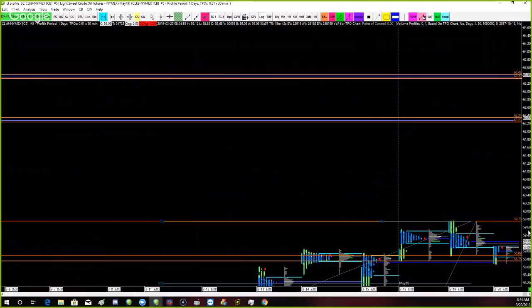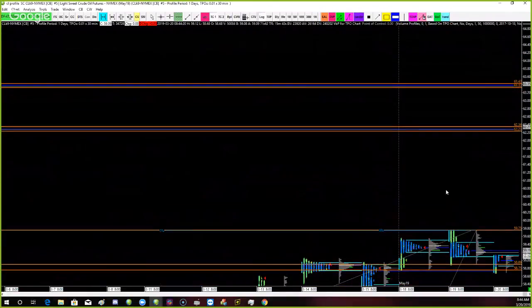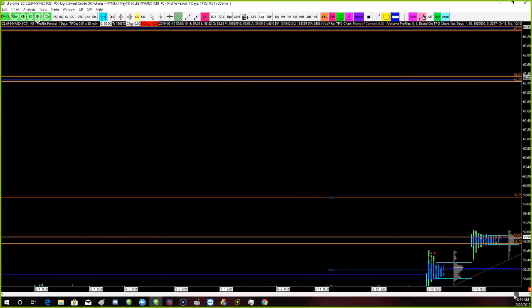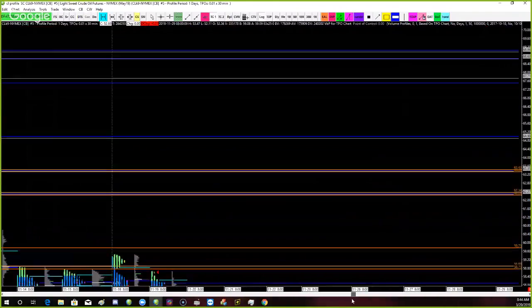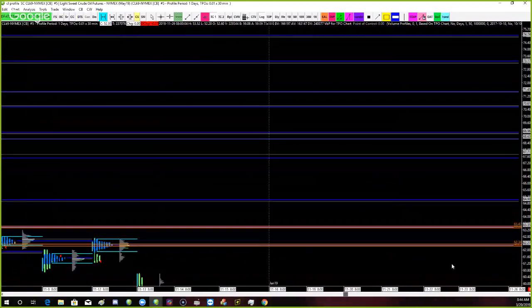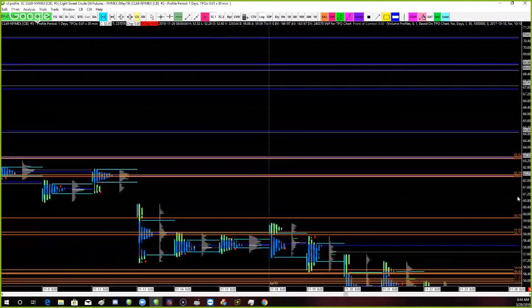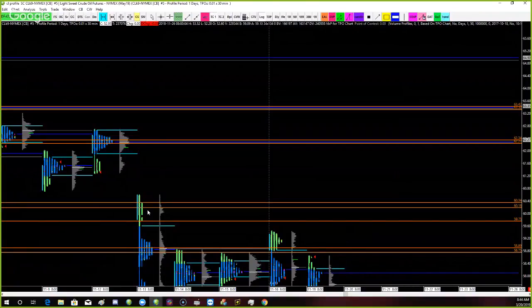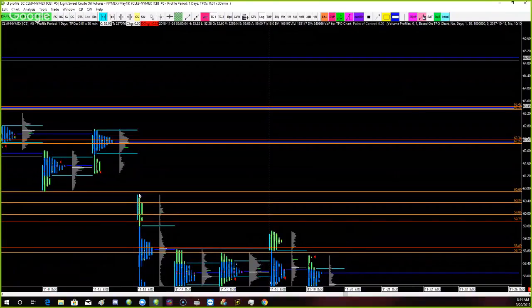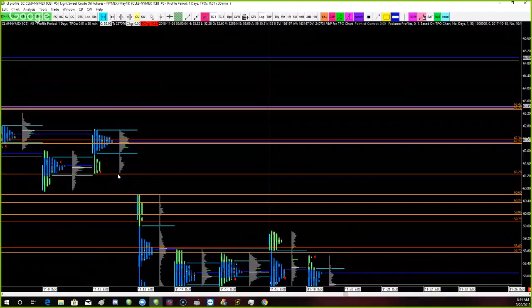Moving along, if you get above this, there's really not much here. Yes, there is actually structure if you look back to the left over there, which takes place here. And if you look within this window, the other thing to pay attention to is 59.75, the back of this anomaly area, the top of the open window, Dalton's gap fill.